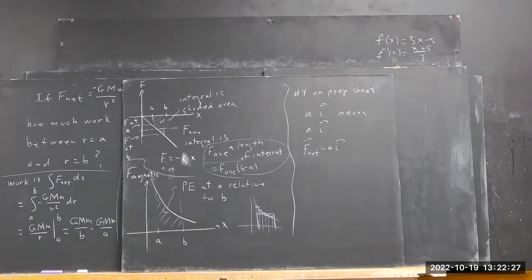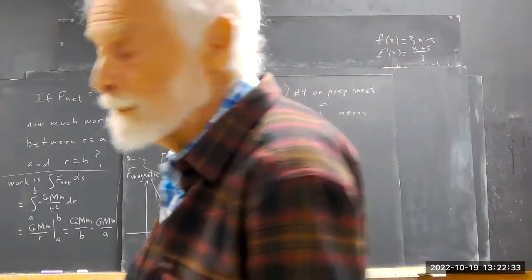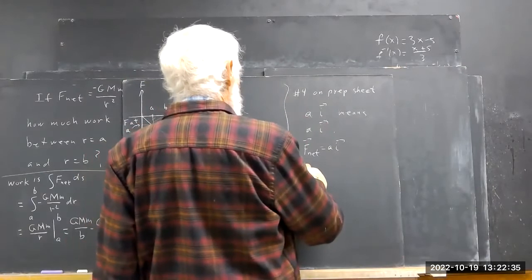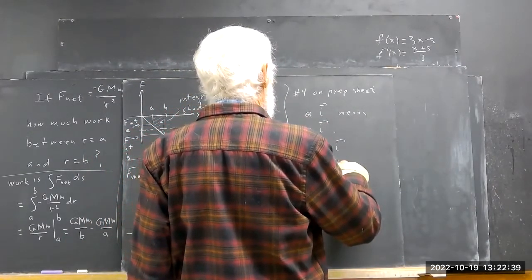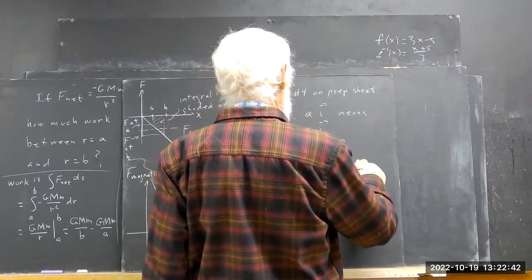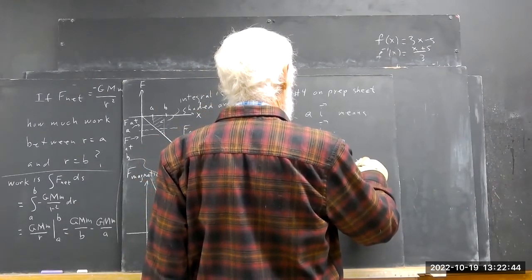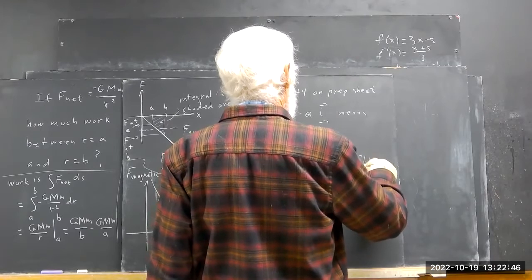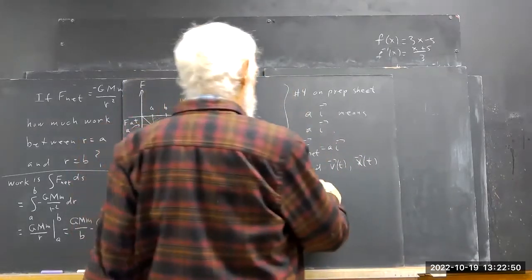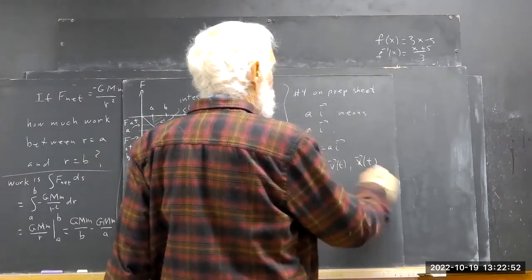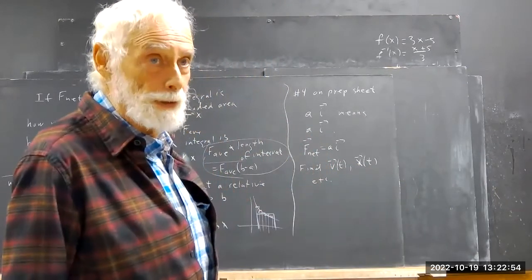So this for V. Yes, that would be a 0, D naught, x of 0 is x naught.